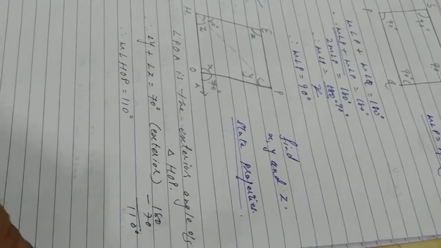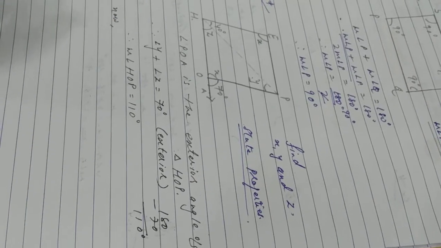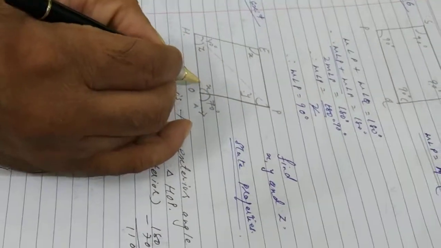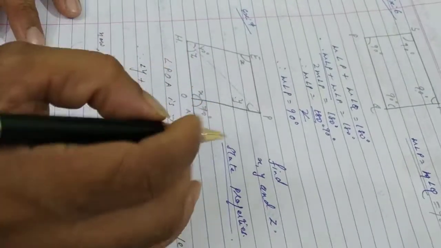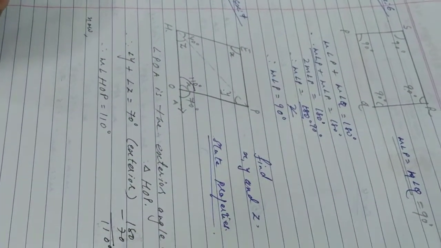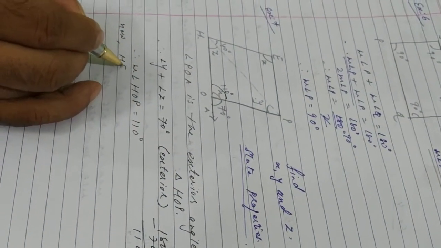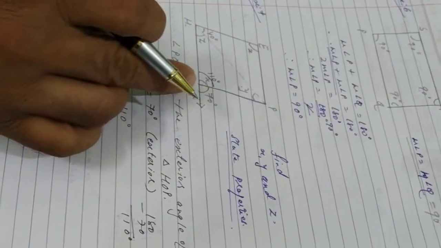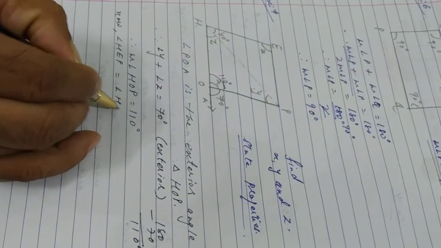Got it? Now angle HOP is equal to X, so X is equal to 110 degree, right? Now angle HEP is equal to angle HOP.